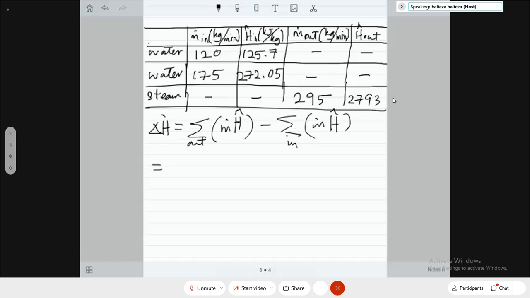Anybody? What is this, out. Oh dear. 295 times 2793. Your unit is kilogram per minute. I'm not going to write the unit because I don't have enough space, so I'm just going to write the values. 2793. Okay, minus. Now you have 2 streams coming in.